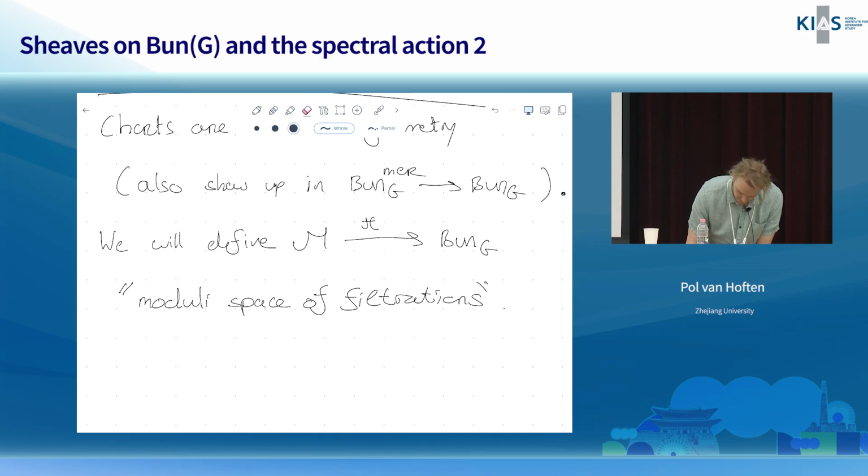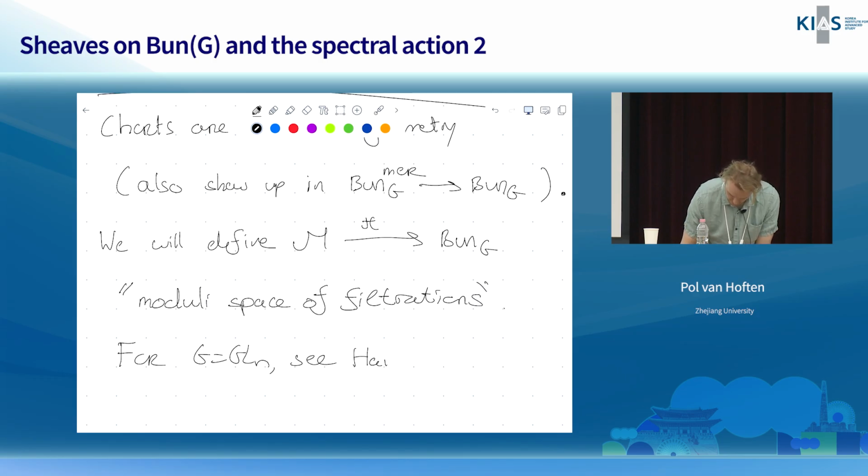So for G is GL_n, this was explored in work of Hansen, and also Birkbeck et al., this Arizona Winter School group.